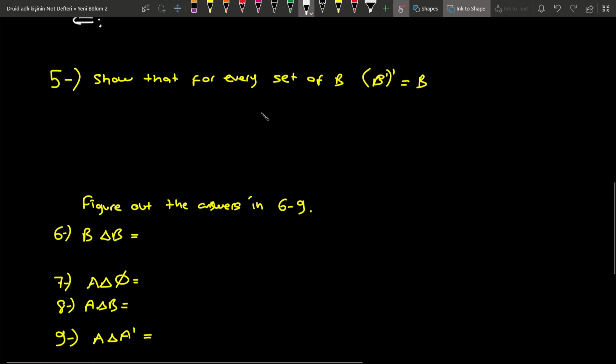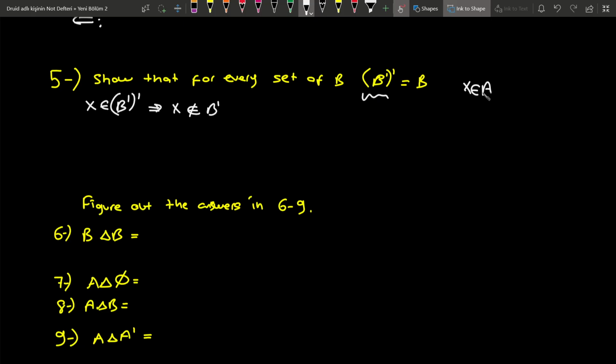Show that for every set B, the complement of the complement of B is equal to the original set. How do we show it? Of course, we take an element x from the complement of B complement. This means x does not belong to B complement, because if x does not belong to A complement, for example, it belongs to A, right?